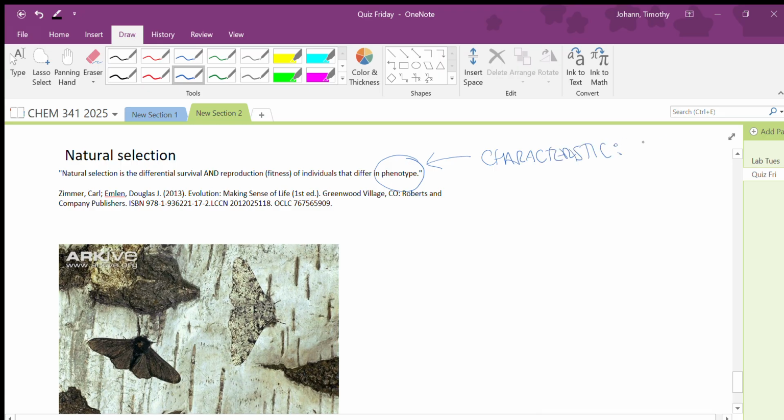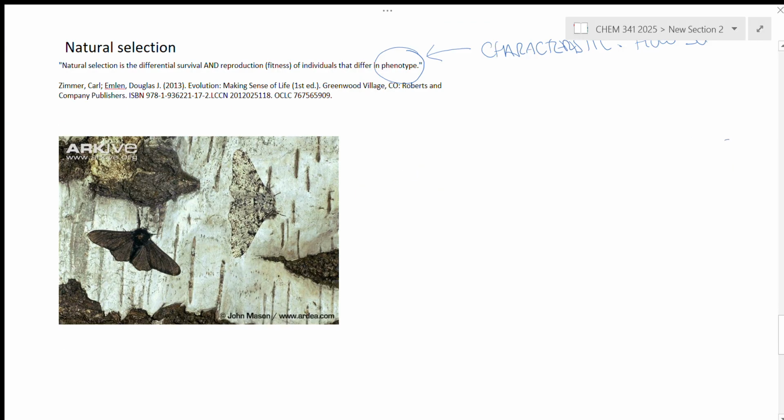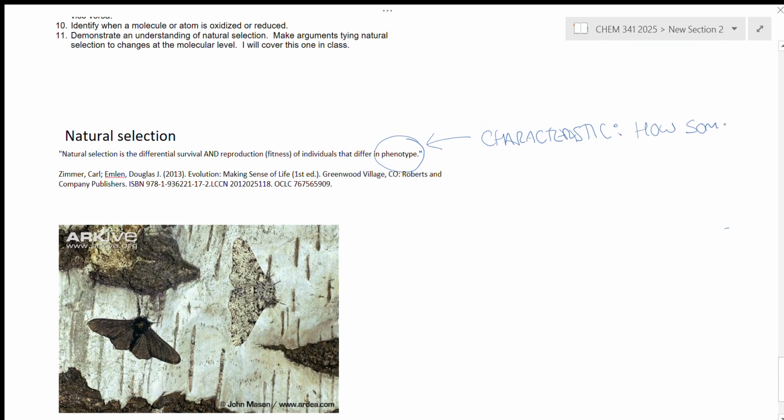It's a characteristic of how something looks. So it could be your eye color is a phenotype. It could be how susceptible you are to oxidants. Oops, I'm not using spell check.